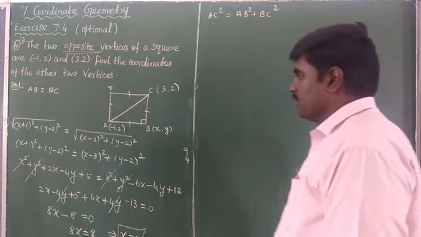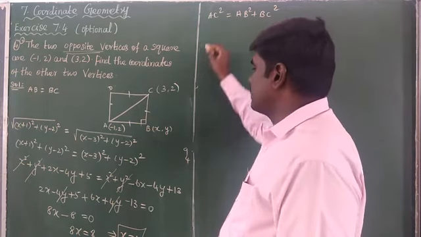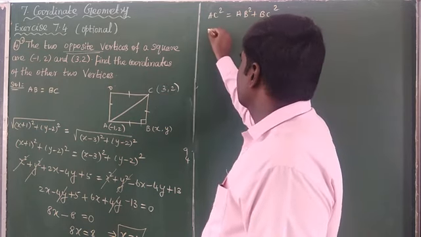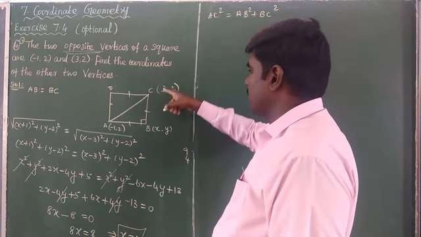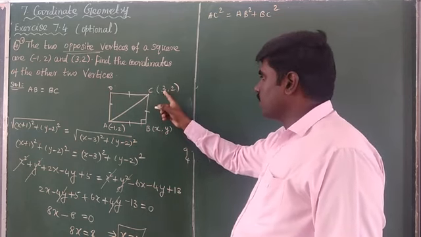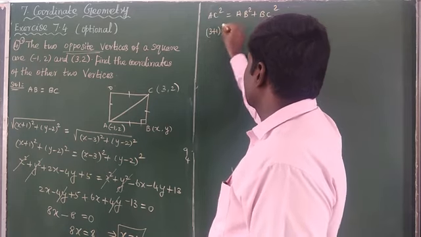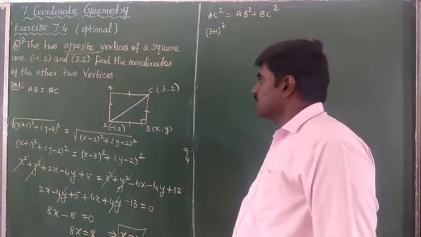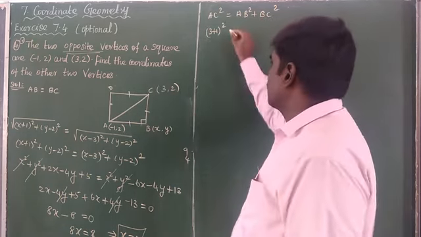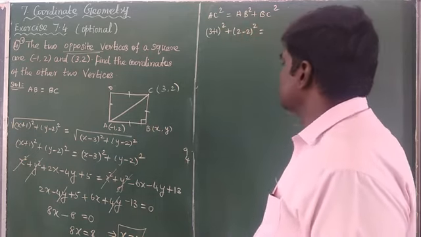First I find the distance AC. Taking x1, y1 and x2, y2, it is (3 plus 1) the whole square plus (2 minus 2) the whole square, which equals AB square.